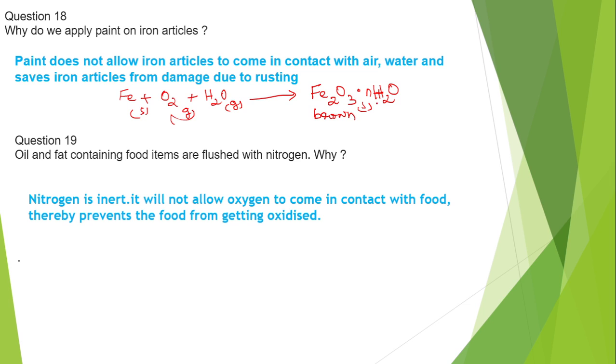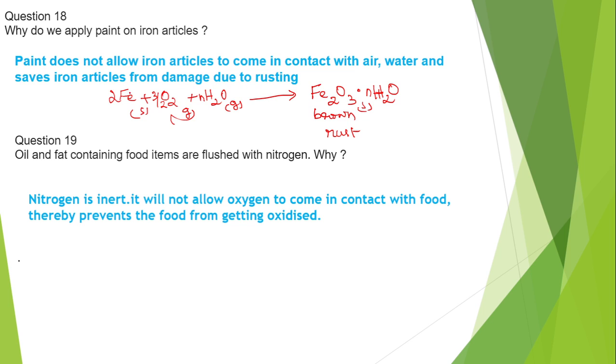So Fe2O3 dot nH2O, that is the hydrated form of ferric oxide, which is also called rust. Now here let us write nH2O, and this is 3/2 O2. Now 2 Fe. This is how you need to balance. So iron on combining with oxygen and moisture will form rust, which is the hydrated form of ferric oxide.